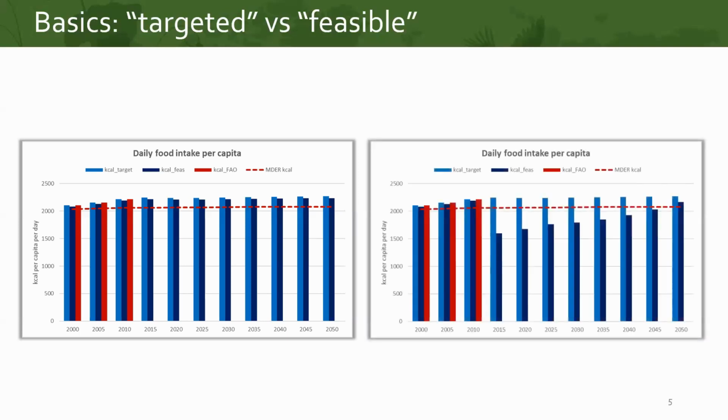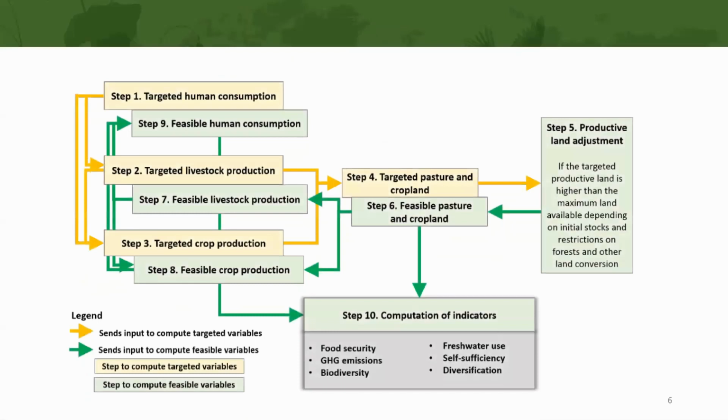This next graph shows the user that the scenario selection and definition that she has chosen leads to an infeasibility of dietary consumption. The dark blue columns are shorter than the light blue columns, signaling a need to adapt her scenario choices. The computation of human demand is the first step of the FABLE calculator.